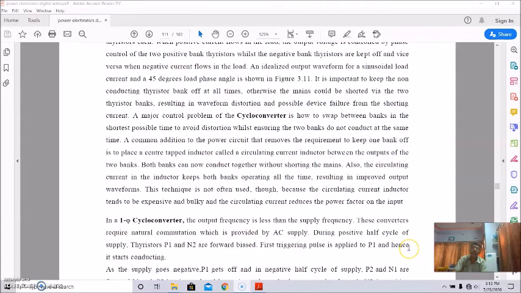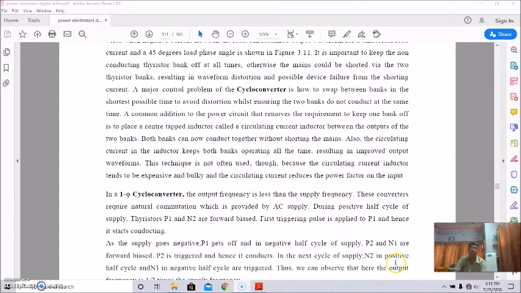In a single phase cycloconverter, the output frequency is less than the supply frequency. These converters require natural commutation, which is provided by the AC supply. During the positive half cycle of the supply, thyristors P1 and N2 are forward biased. The first triggering pulse is applied to P1 and hence it starts conducting.